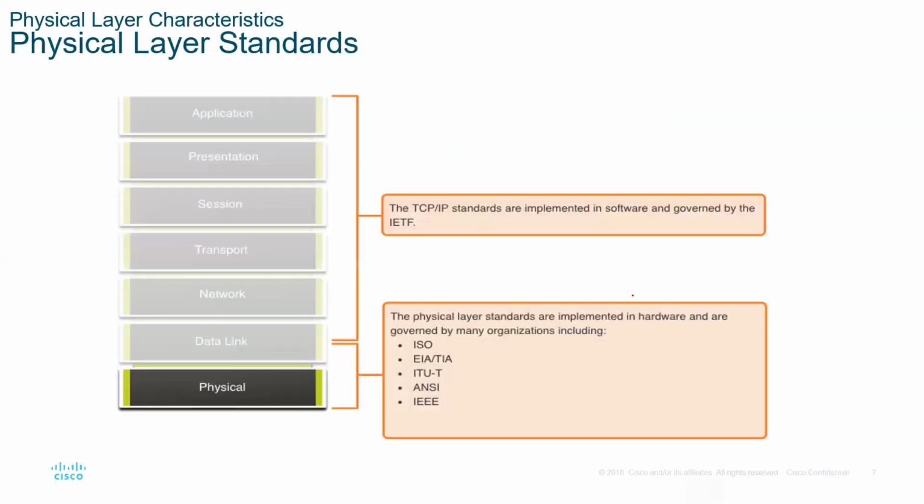Characteristics of the physical layer. Starting with the physical layer standards, I think we defined open standards in module number 3. And we say we have open standards. Why we have open standards is so that we have interoperability between devices from different manufacturers.